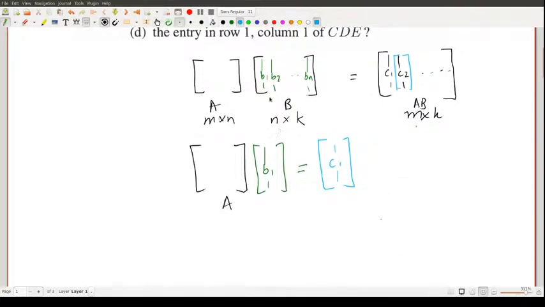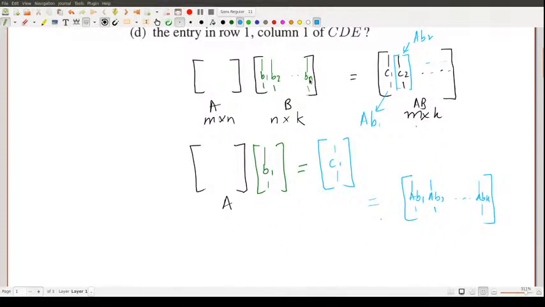The reason is that this column is the linear combination of the columns of A. So this column is A times B1, this is A times B2, and so on. Matrix AB can be written as the first column AB1, second column AB2, and so on. How many columns will I get? I'll get K columns, so ABK.